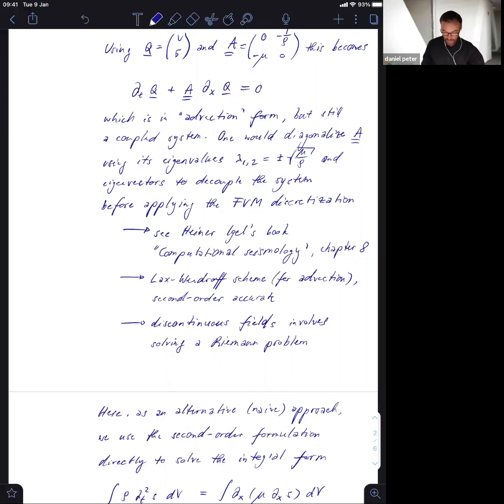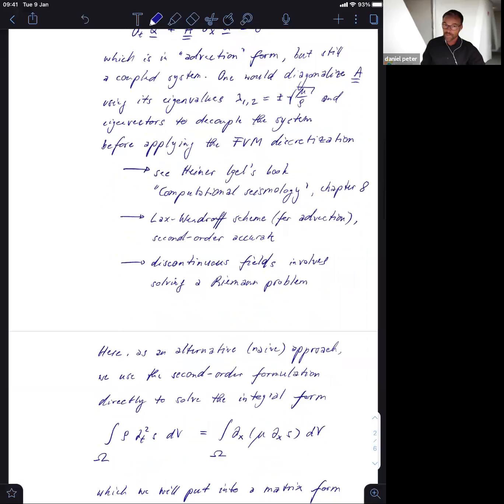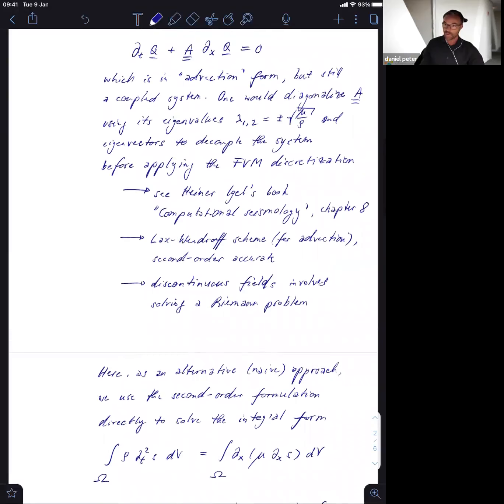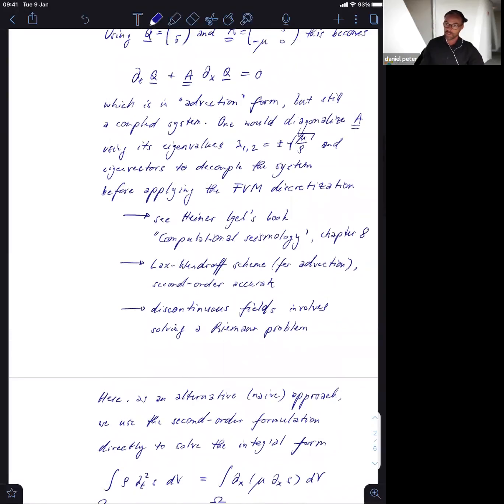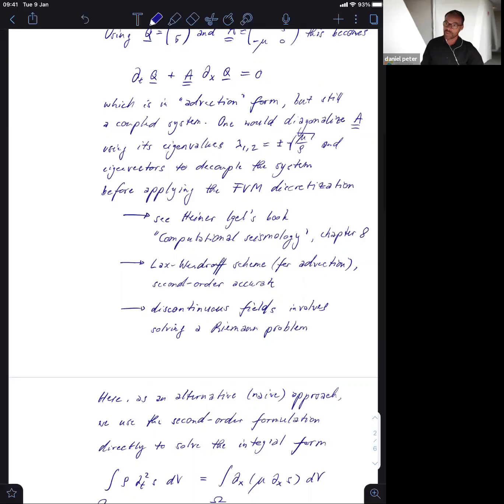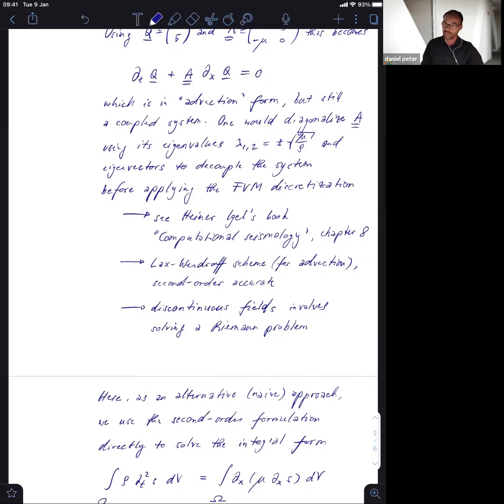But this can be done for the wave equation, and then you find solutions to the wave equation based on solving an advection problem. You would do this, for example, if you had shock waves or nonlinear wave phenomena. Then you would cast it into this advection form, solve the Riemann problem, and you could solve this for nonlinear wave behaviors.